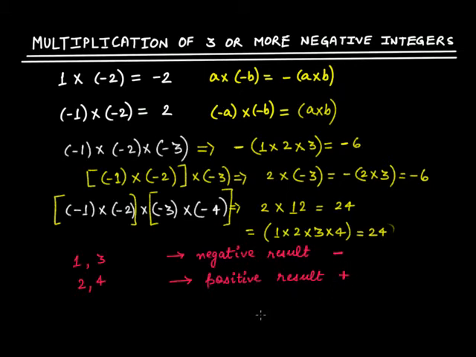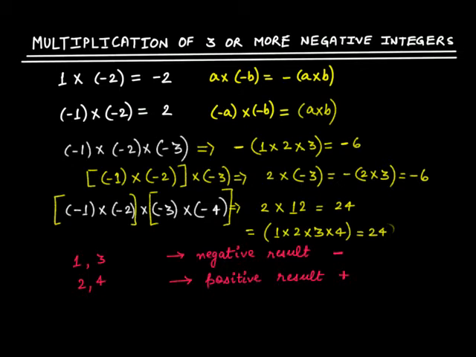Therefore, remember a rule, and the rule is that if any given multiplication involves odd numbers of negative integers, then the answer will be negative.